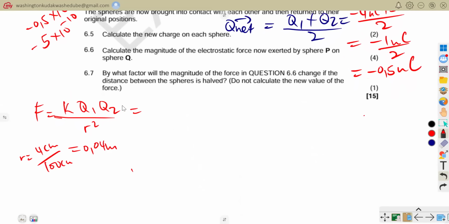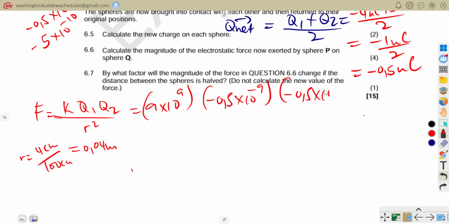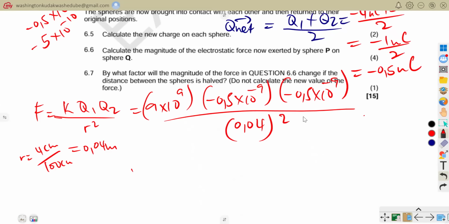So I'm going to say K is just what? 9 times 10 to the power 9. And then I would multiply by Q1, which is negative 0.5 times 10 to the power negative 9 times negative 0.5 times 10 to the power negative 9, all divided by 0.04 bracket squared.